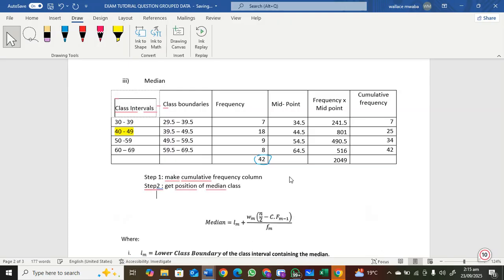In this case, it's n divided by 2. N is 42 divided by 2. That gives us 21. It's on the 21st position.